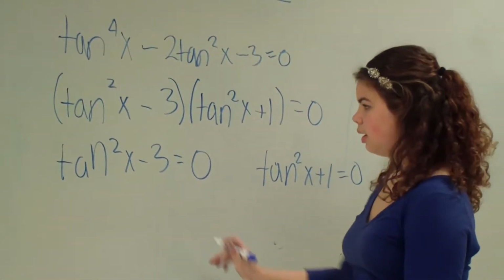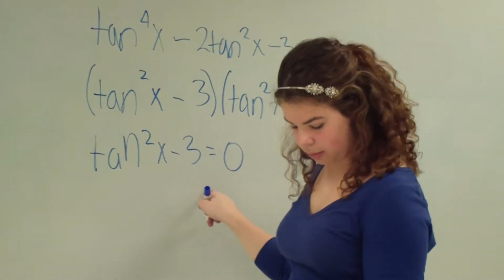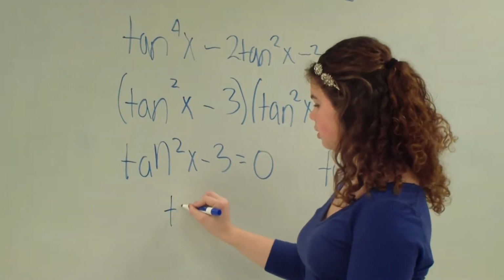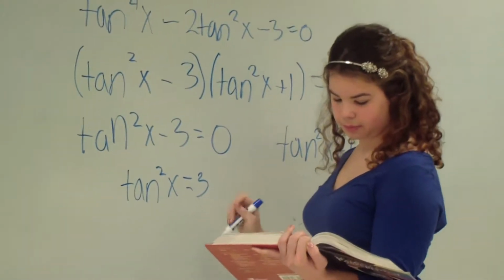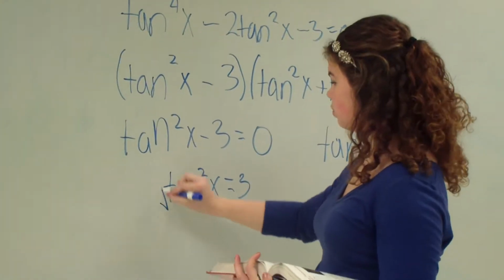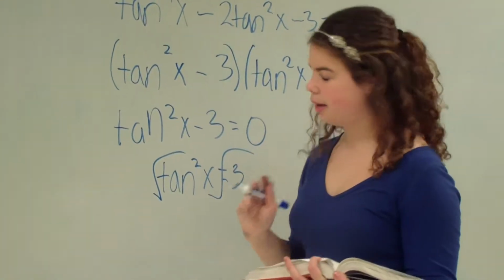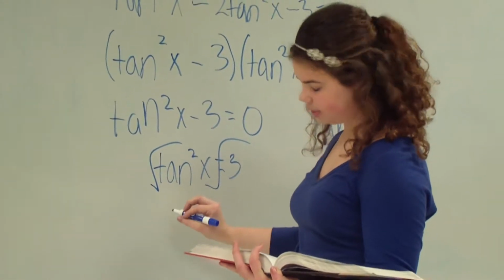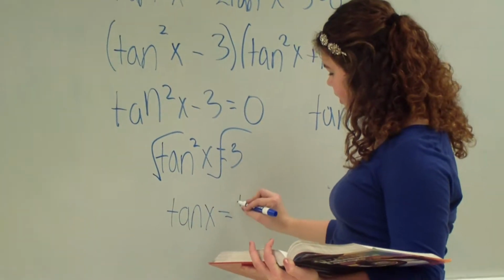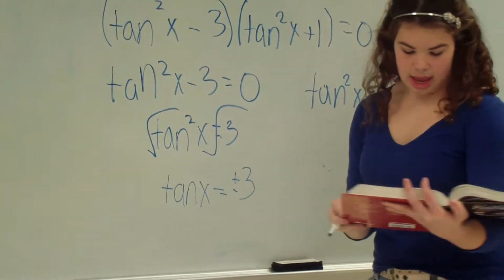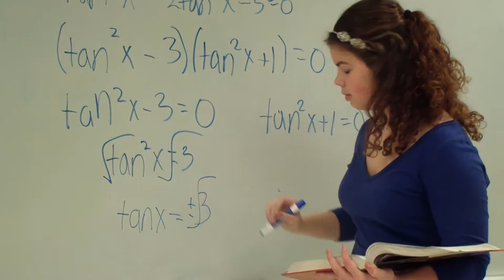So then, solving this equation, we're going to get tangent squared x equals 3. And so when we square root both sides, because that is allowed, you are going to get tangent x equals plus or minus the square root of 3.